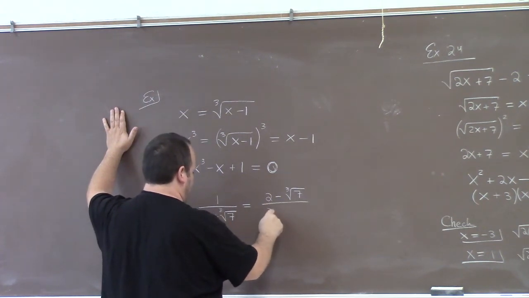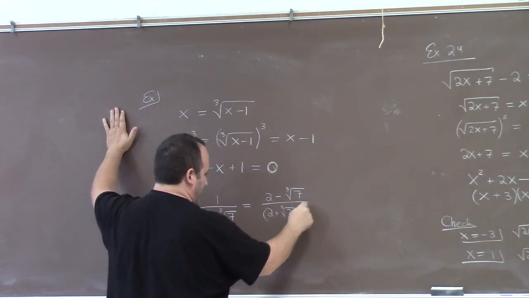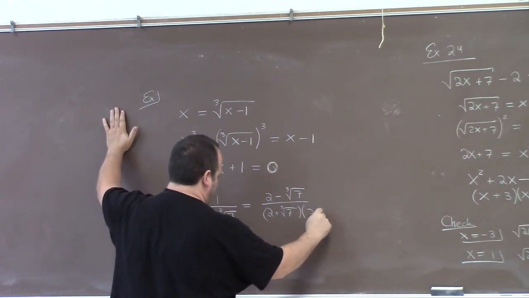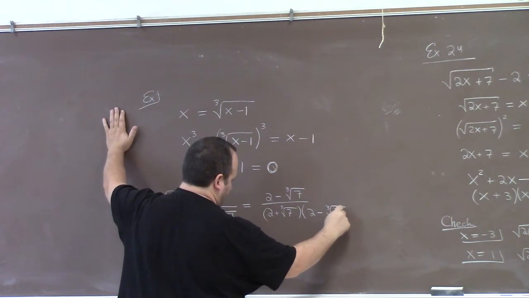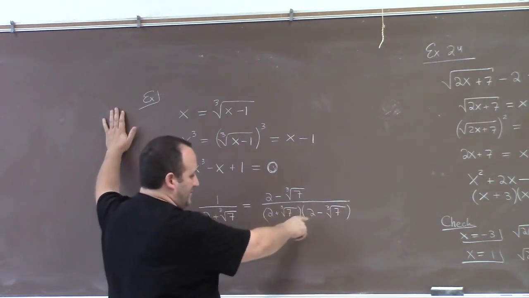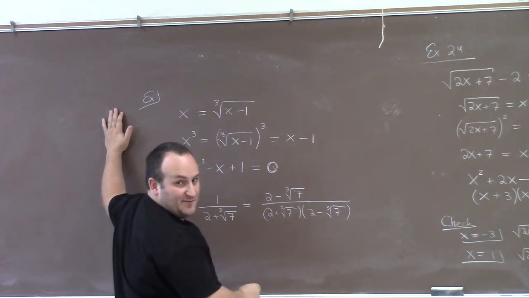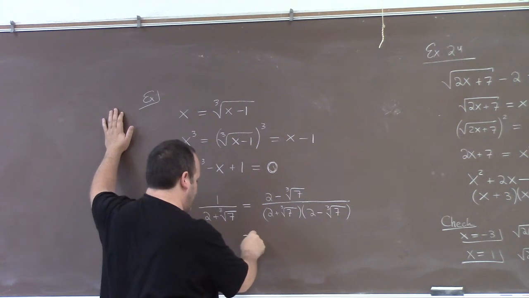You could try that. What would happen is you'd cancel out the cube root of 7, right?